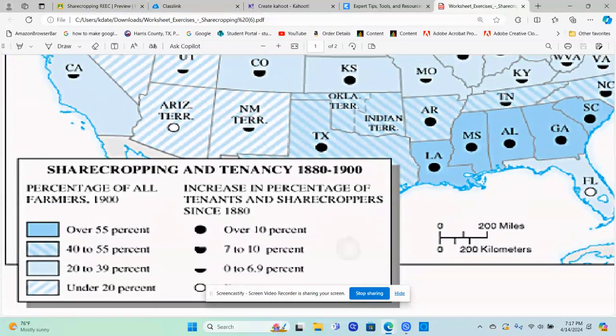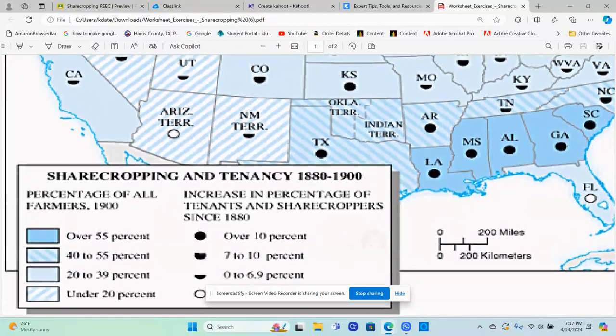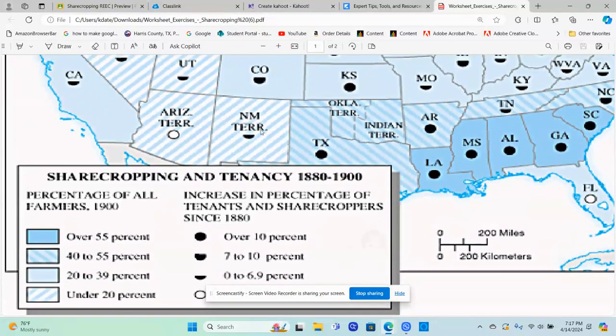So now let's take a look and see what's here. We have Texas, TX, so we know that that's Texas. And it has a dark blackened circle, so that means it's over 10%. But now let's take a look at the way the shape coloring is.